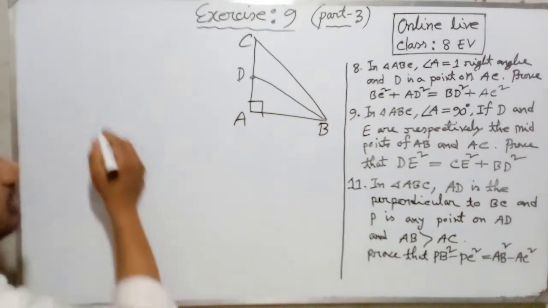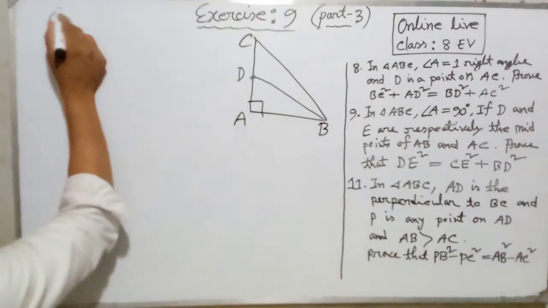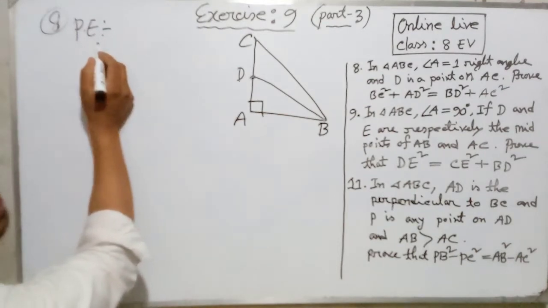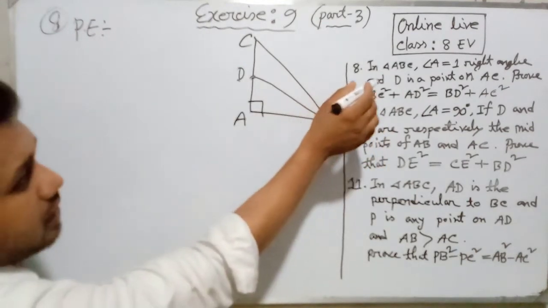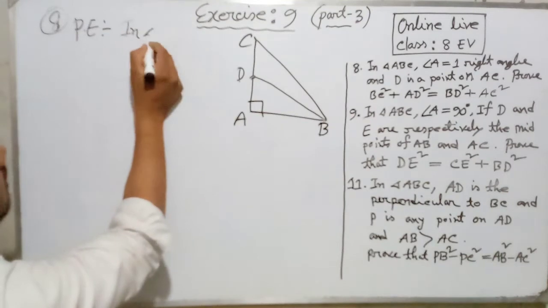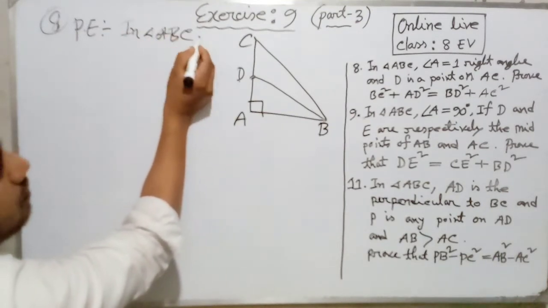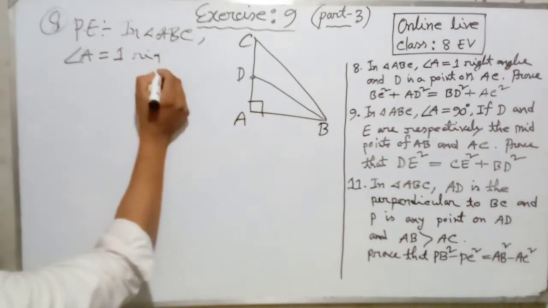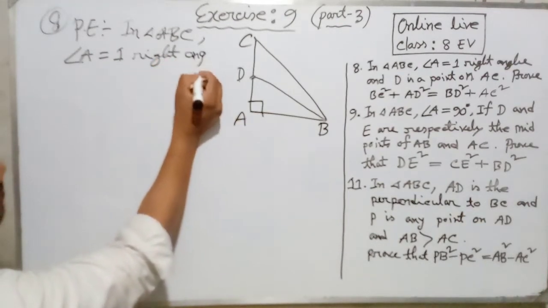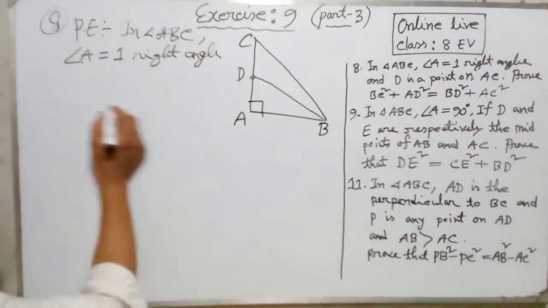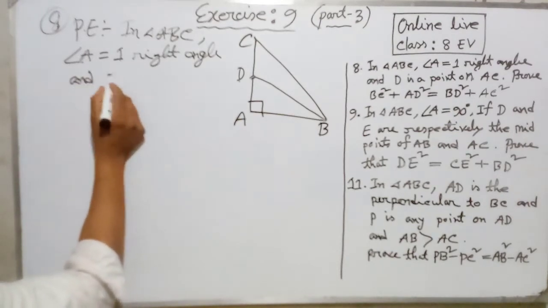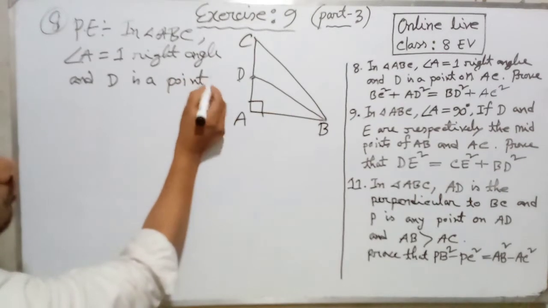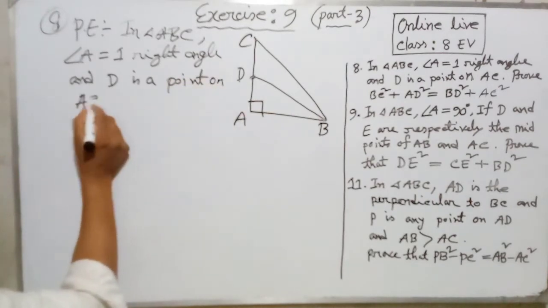So dear students, at first write your particular enunciation. Particular enunciation means the question. Now we can write: in triangle ABC, angle A equals 1 right angle, and D is a point on AC.